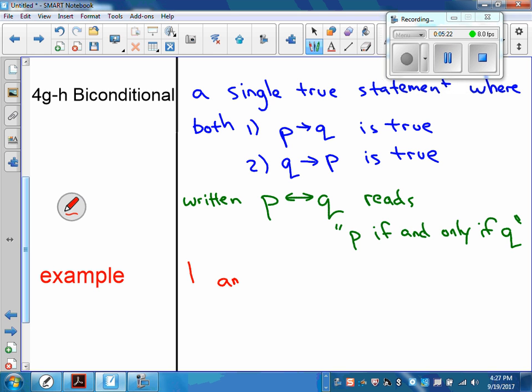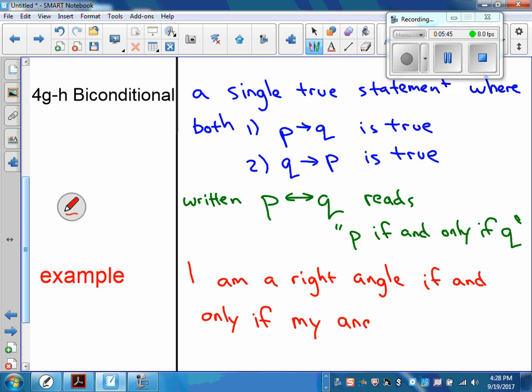I am a right angle if and only if my angle measures 90 degrees.